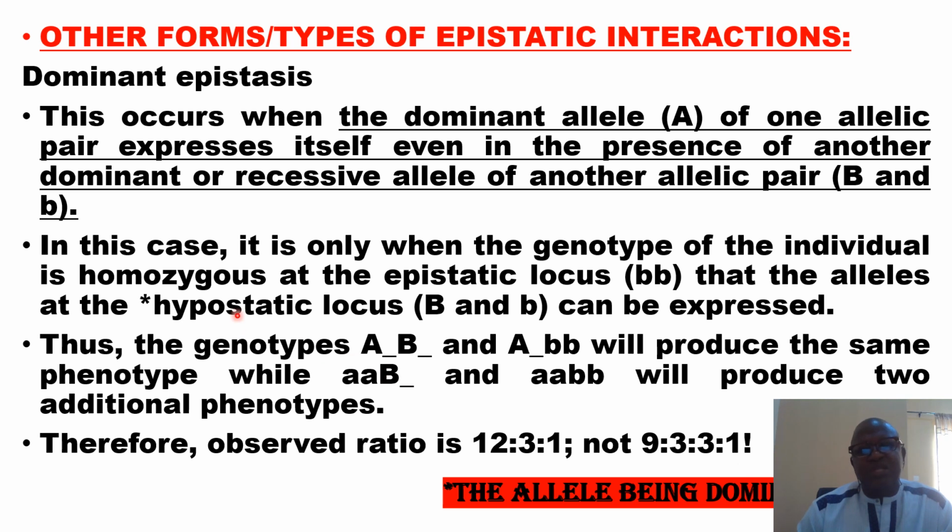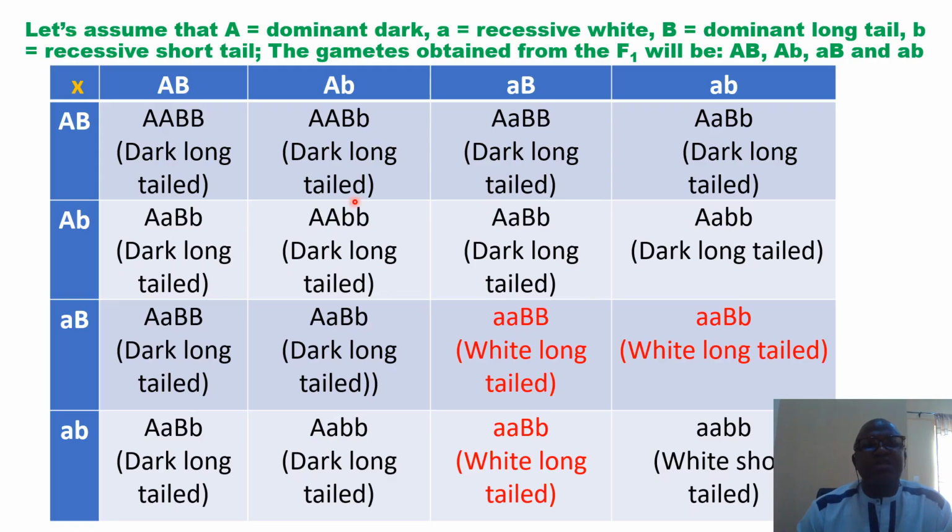Now, the hypostatic locus represent the alleles that are being dominated. Okay? So let's look at an example here. We want to assume that A is dominant dark, small a is recessive white, B is dominant long tail, and small b is recessive short tail.